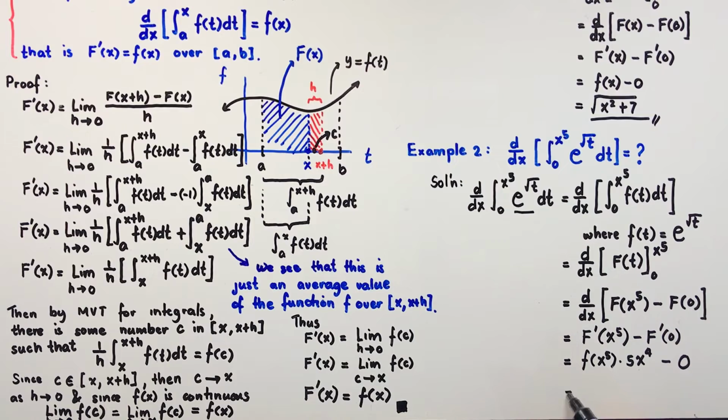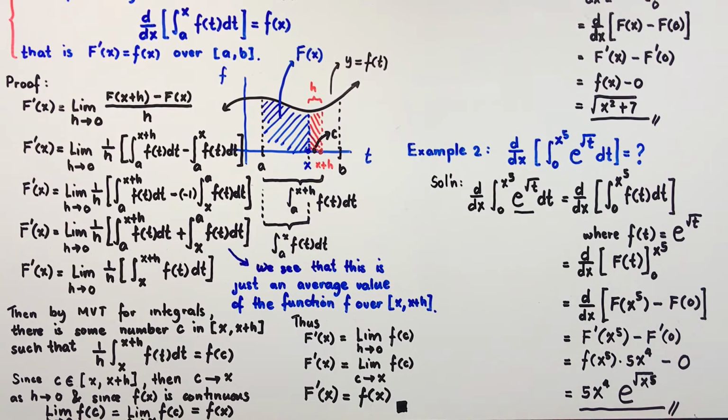So here, this 5x to the power of 4 will be multiplied by our small f. And our small f is here, e to the power, the square root of t. But our t here is x to the power of 5. And this is our final answer here.